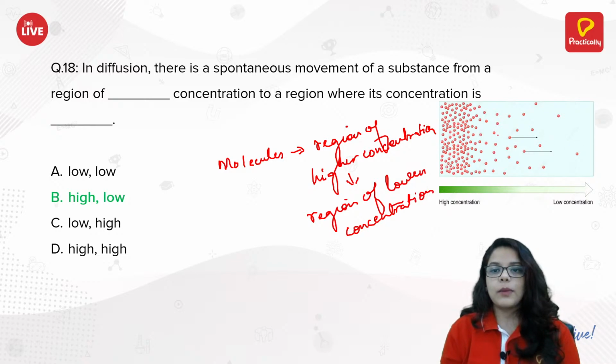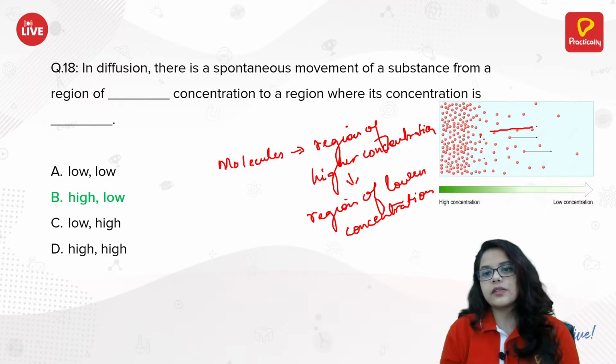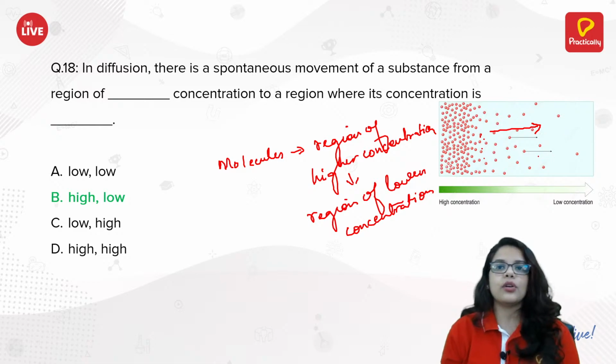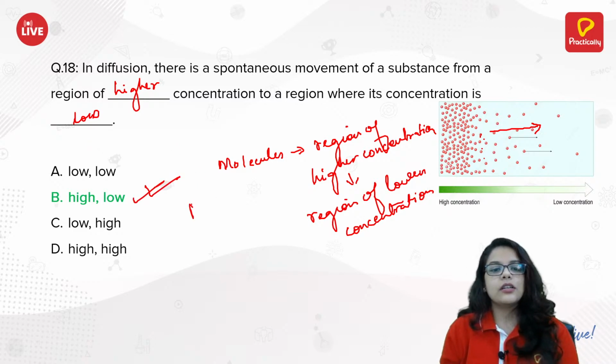Can you see these red dots? They are coming to this area which does not have a lot of concentration of the molecules. So high to low, that is what diffusion means.